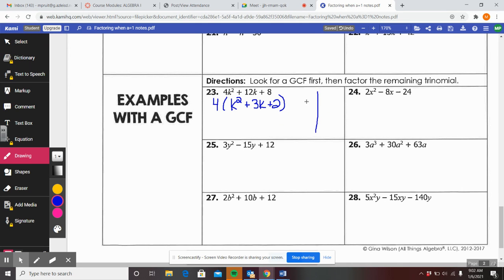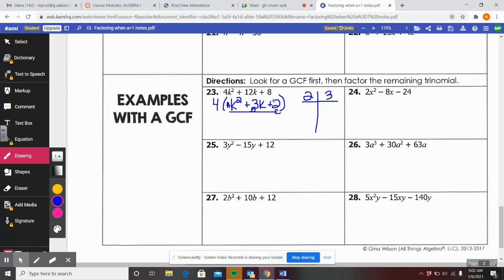All right. So then you do the same thing that we've been doing, okay? But you only pay attention to what is inside the parenthesis. So this is your A, this is your B, and this is your C. So A times C is 2. So I'm finding my factors of 2 that give me 3.